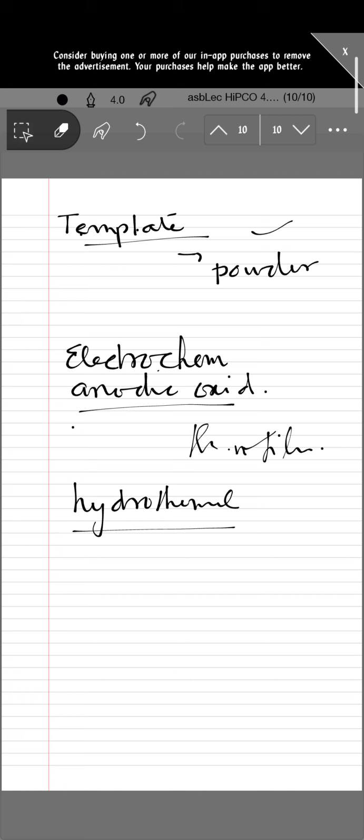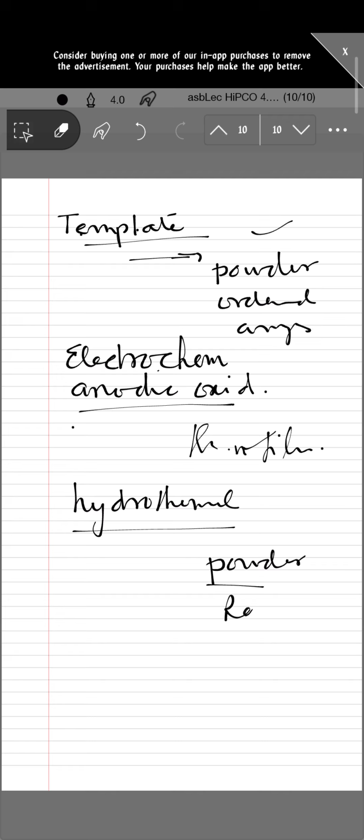In the third case, the hydrothermal case, it is also in the shape of a powder, but it is not like the template case, because the template case is in the form of ordered arrays, whereas in the case of hydrothermal, it's quite random.